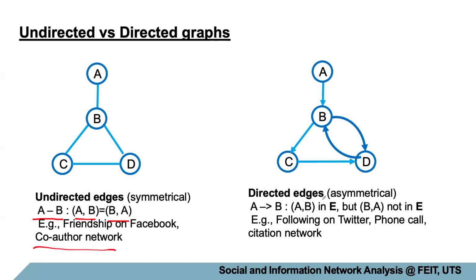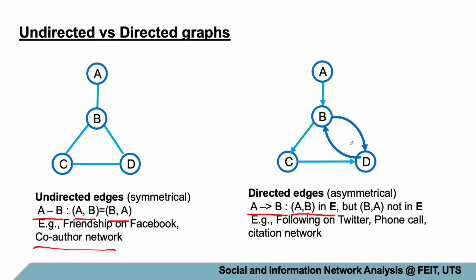And in directed graphs, the edges have directions. If there's an edge from A to B, that means A to B is in the edge set, but it doesn't mean B to A is in the edge set unless there's a B to A in E. Directed graphs are also very common. For example, in the Twitter graph, A follows B, but it doesn't mean B will follow A also.